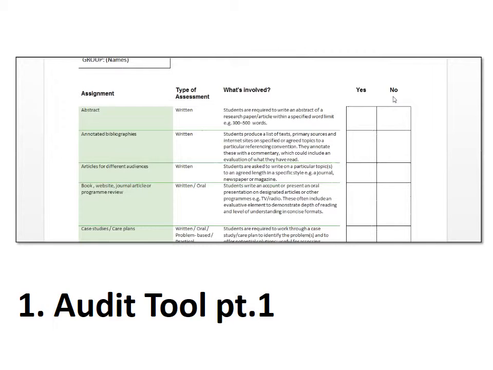So please take a look at the assignments and the types of assessment, whether it's written or oral, problem-based and so on. Then make a judgment whether your department is actually carrying those out. And at the end of it, you'll see a box in which to record the numbers of assessments that you have and those that you don't have.